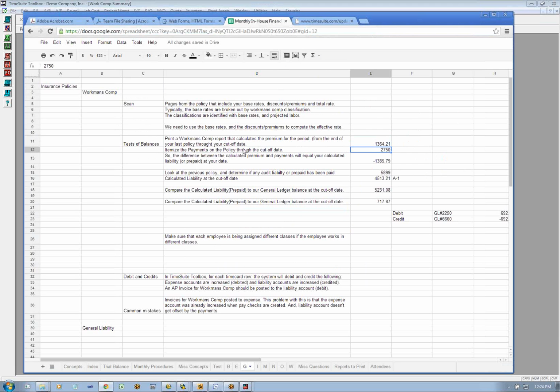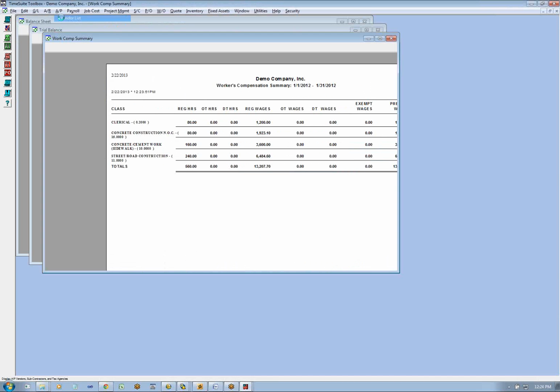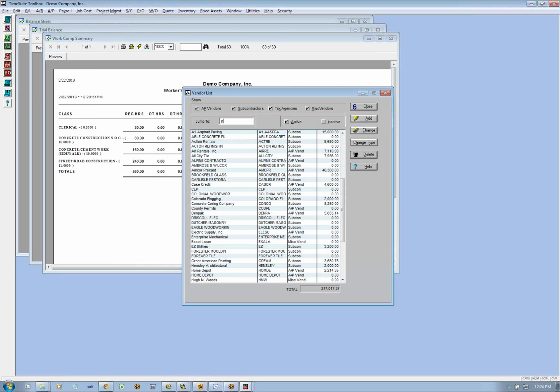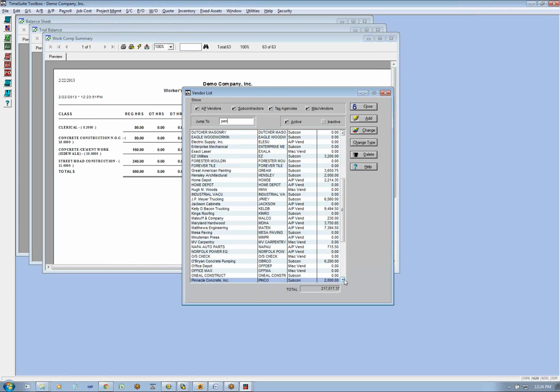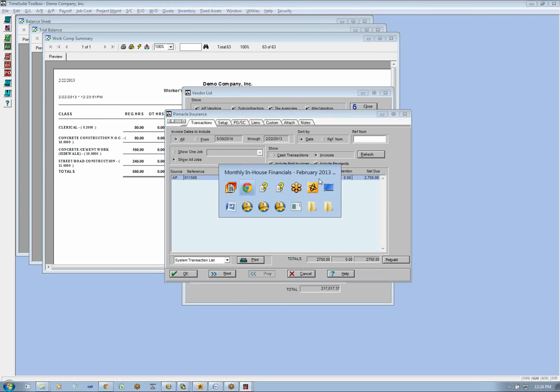And then we'd itemize our payments on the policy. So we come over here to our vendor, and in Colorado we have a vendor called Pinnacle Insurance, and we look at our payments, right? And we might say all payments, we might check for cash payments, but here we had one payment on 1/25, and it was for $2,750.